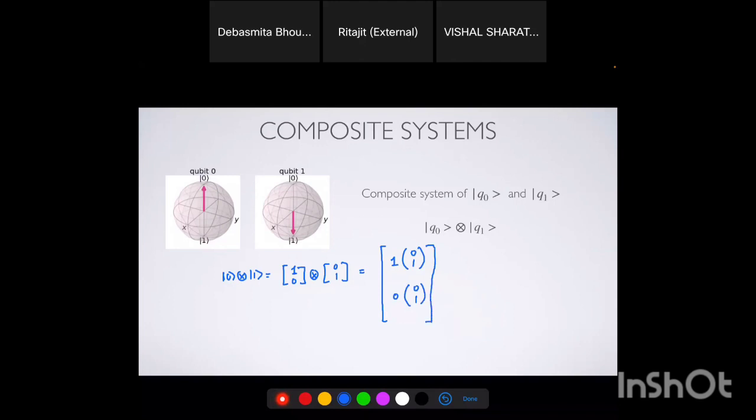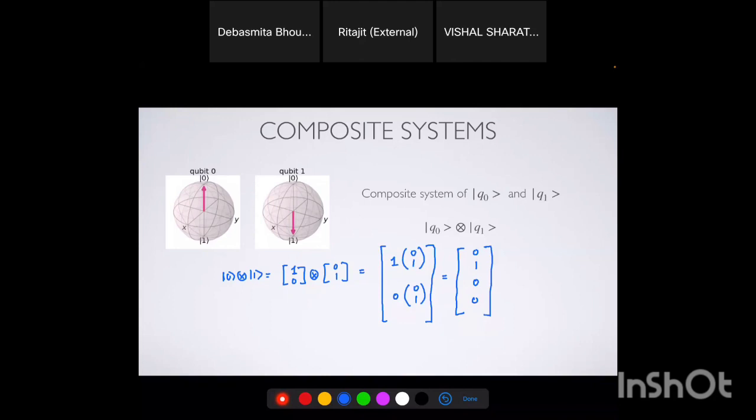This is the definition of the tensor product. So what you get is (0,1,0,0). So these two qubits, 0 tensor 1, give you this type of matrix representation. You can again verify that this is normalized, that is, if you take its inner product with itself, it will be 1.